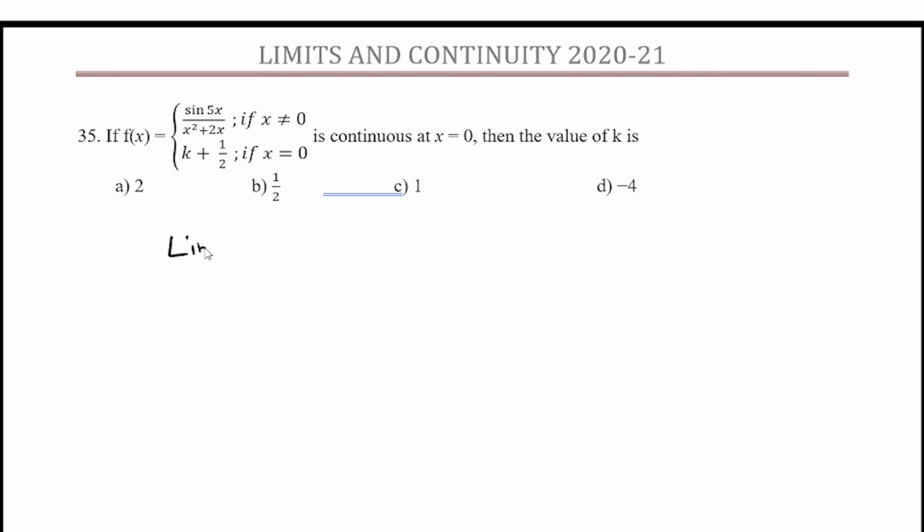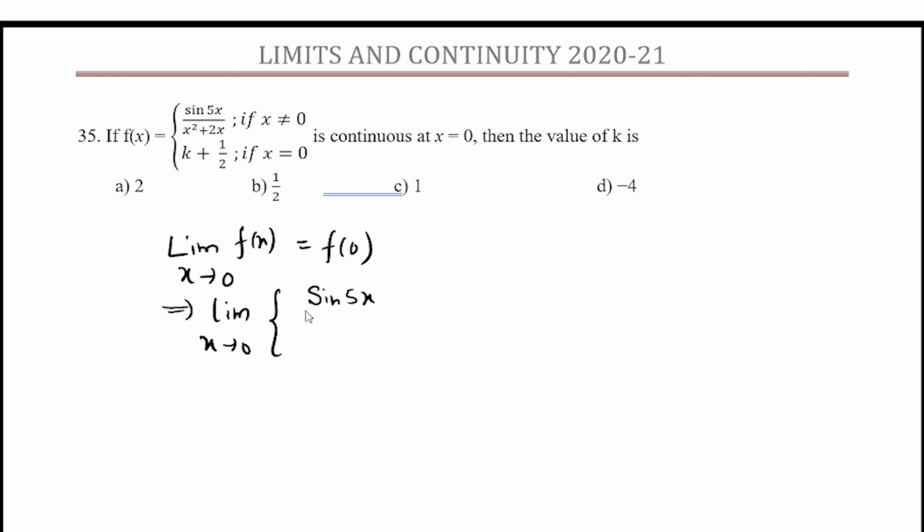Go for condition number 2, that is limit of f of x as x tends to 0 is equal to f of 0. This implies limit of x tends to 0 of sin 5x divided by x square plus 2x is equal to f of 0 value, k plus 1 by 2.